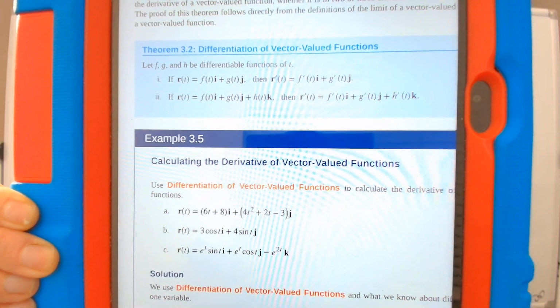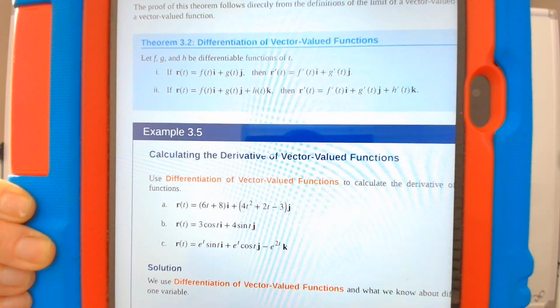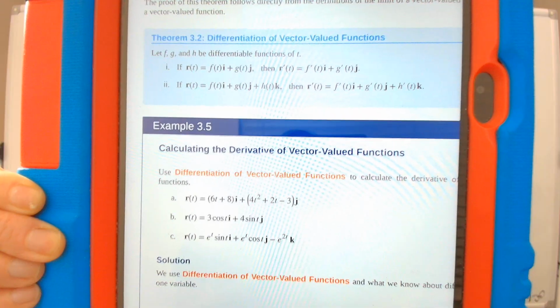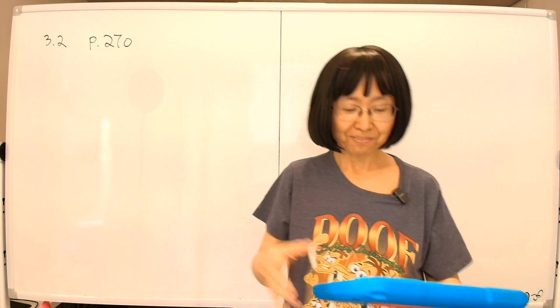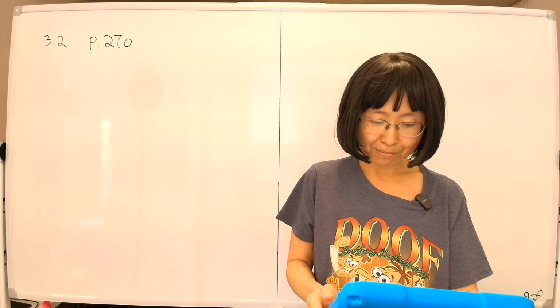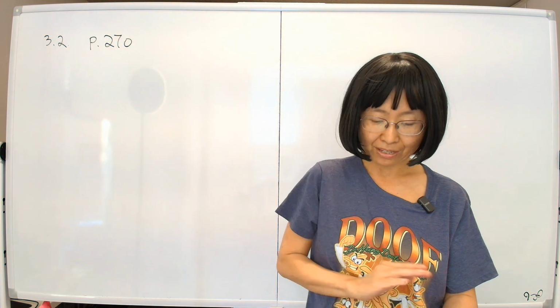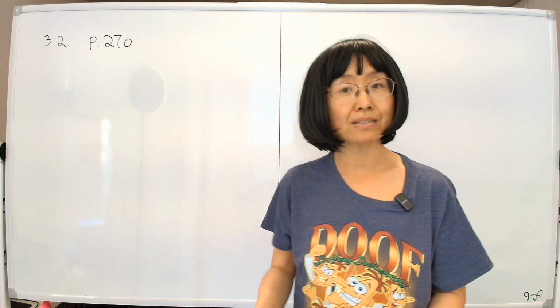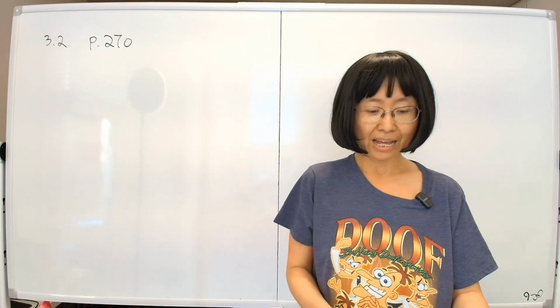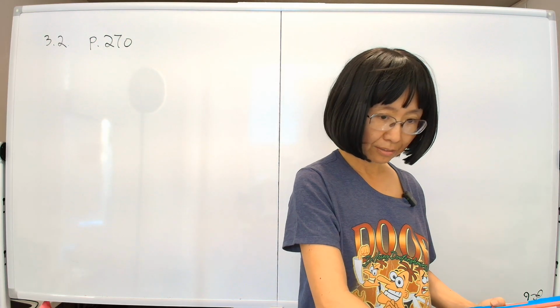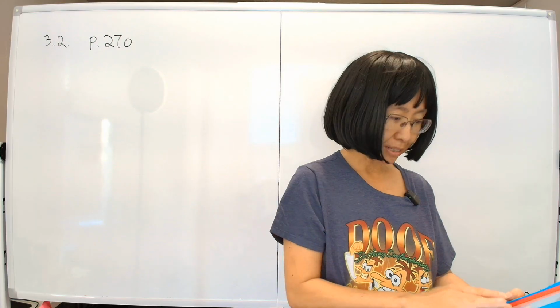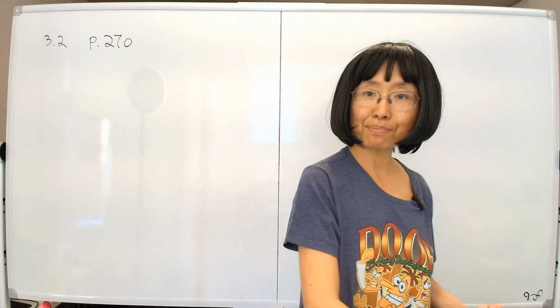Then what is the derivative? You take the derivative of each component function, f prime of t, g prime of t, and so on. And that's all you have to do. So with that, please do example 3.5. The work is three times, but it's no different than what you did in calculus 1. So please do example 3.5 as part of your homework.